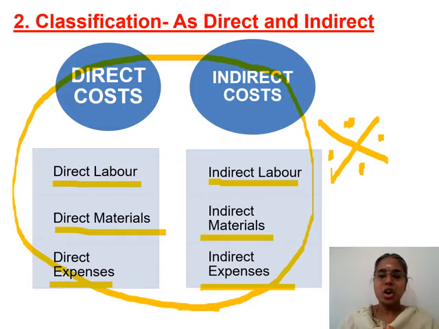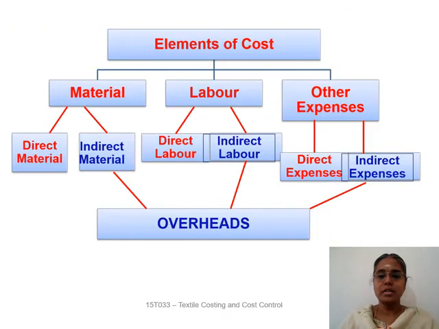So this is called the elements of cost. By elements: labor, material and expenses, and as direct and indirect. Based on elements of cost, you are dividing into three: material, labor, and expenses. It is called expenses or other expenses; both are the same.